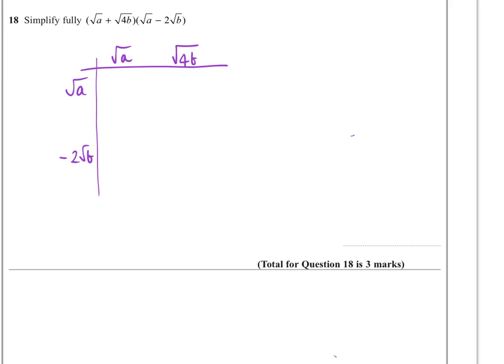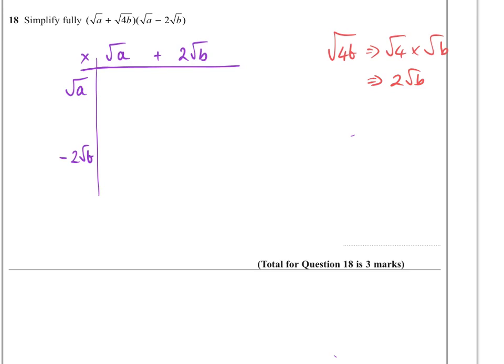One thing I've noticed though is that if I have root 4b, that's the same as root 4 times the square root of b, which is 2 root b. So I think I'm just going to change that part here and call it root A plus 2 root b. So I'm just going to multiply these out now.